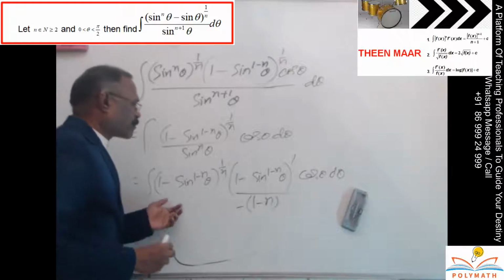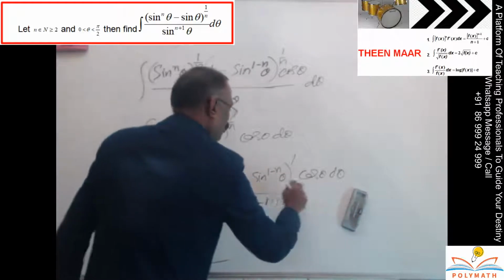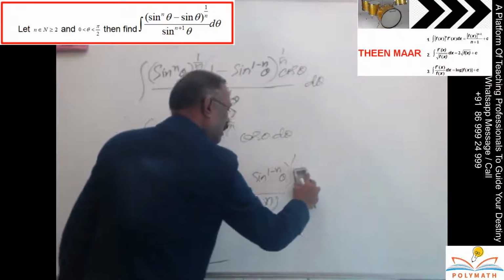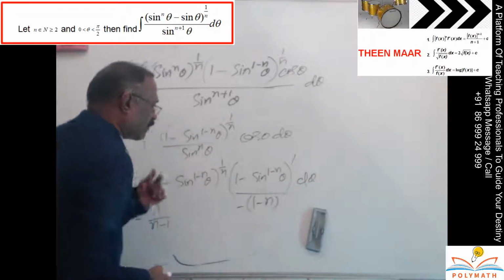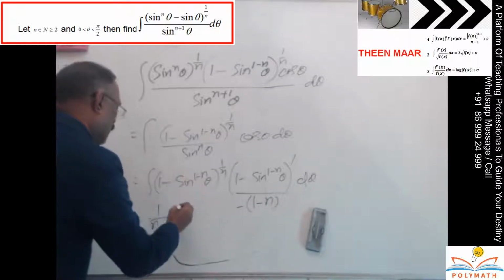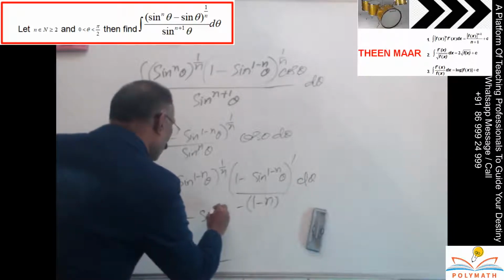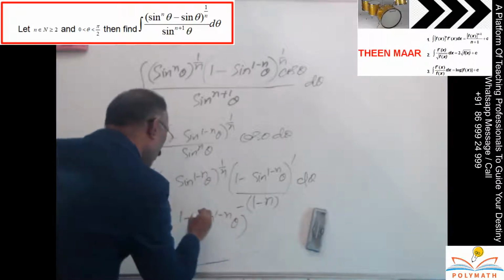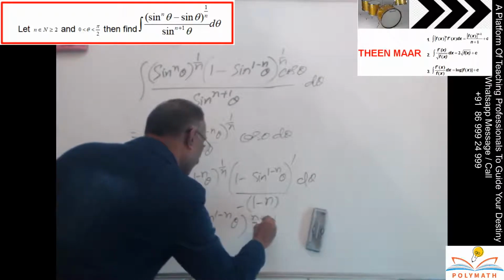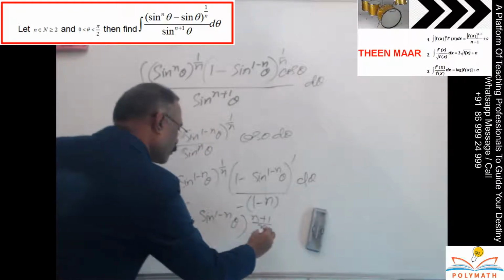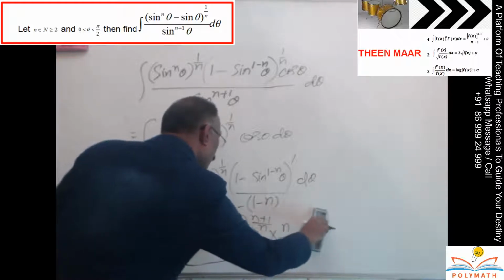So this becomes 1 by n minus 1. Just type 1, f(x) power n into f dash x. You need not write this because that cos theta goes inside the derivative. So here you must write, but that cos theta goes inside the derivative. So now this is nothing but 1 minus sine 1 minus n theta whole power 1 by n plus 1, that is n plus 1 by n, into n by n plus 1, plus c.